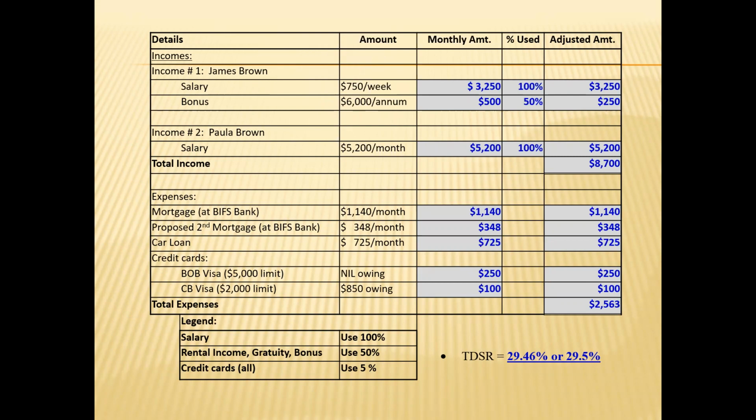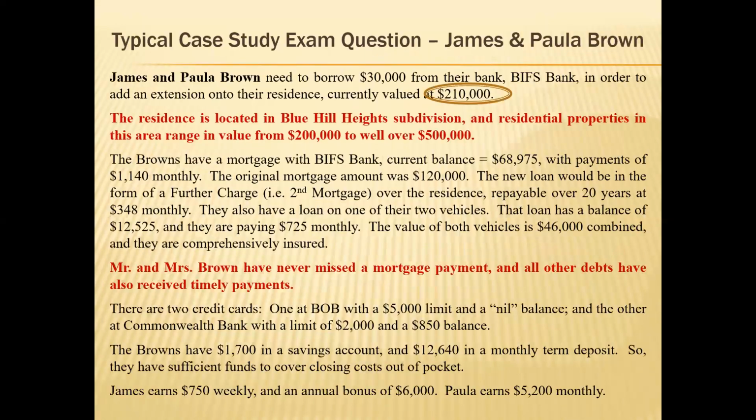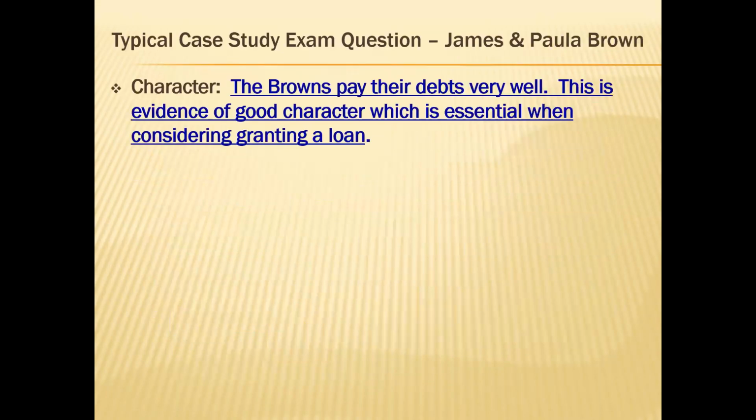Okay, great stuff. So if you look at the TDSR, which includes the proposed loan, is just under 30%. So they have the capacity, or if you were doing CAPARI, the ability to comfortably meet the payments.